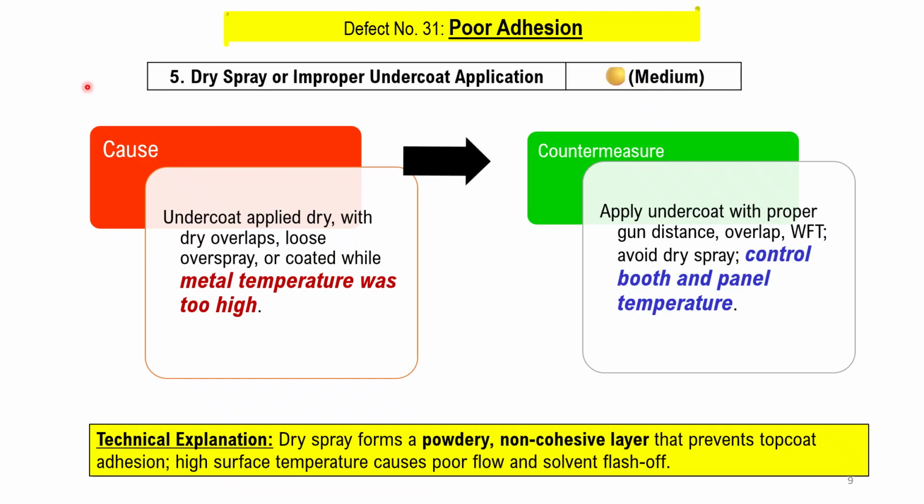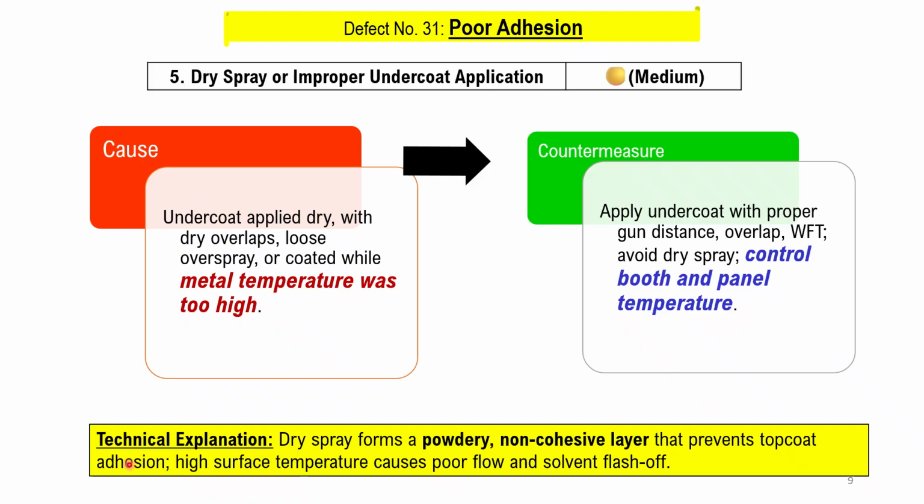The fifth probable cause related to the poor adhesion defect could be dry spray or improper undercoat application, which can be explained as undercoat applied dry with dry overlaps, loose overspray, or coated while metal temperature was too high. Dry spray forms a powdery, non-cohesive layer that prevents top coat adhesion.